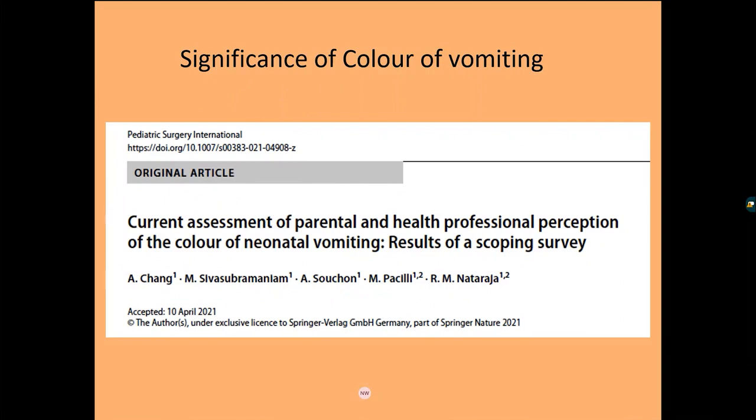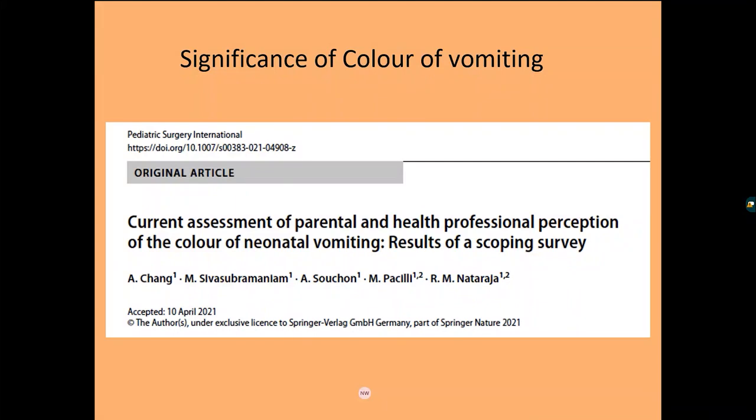Out of which, as clinicians, it's very important to identify bilious vomiting. You'd be surprised that even today, some of these newborns with intestinal obstruction are missed.